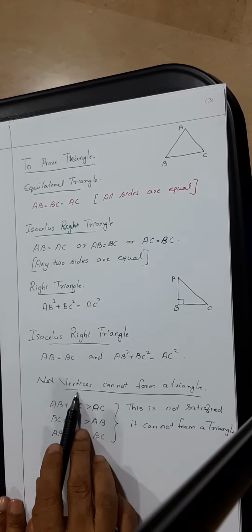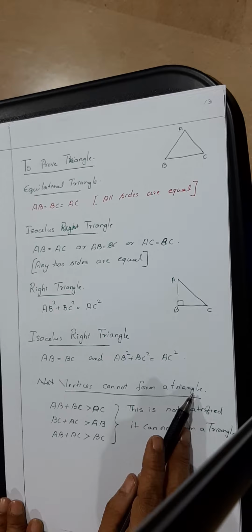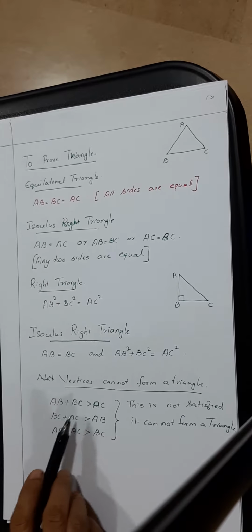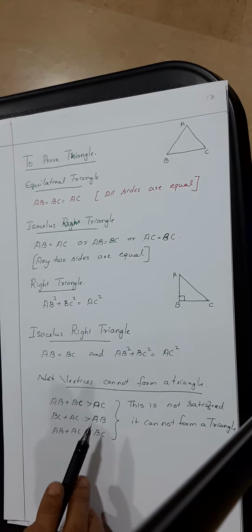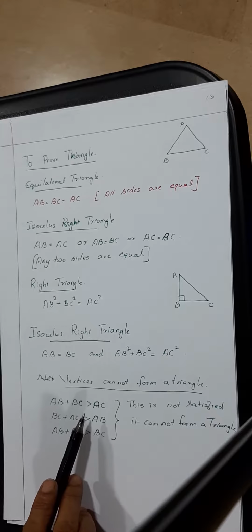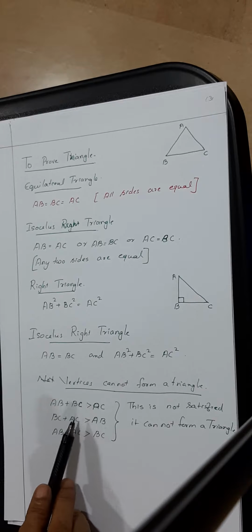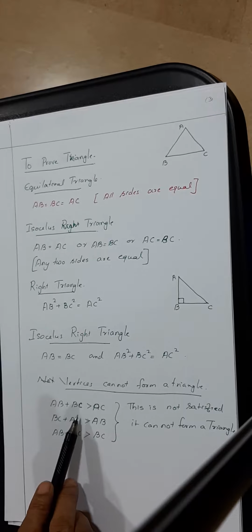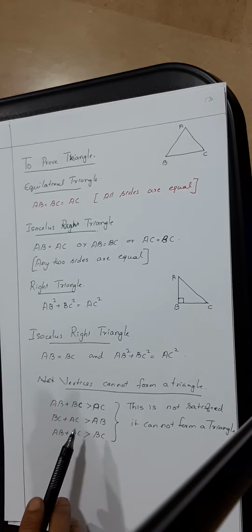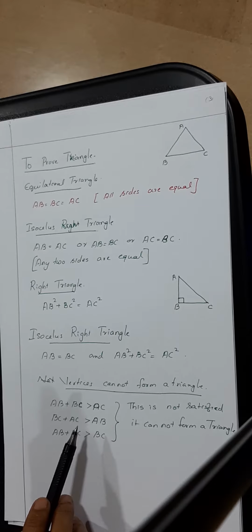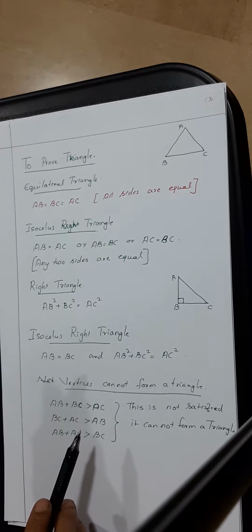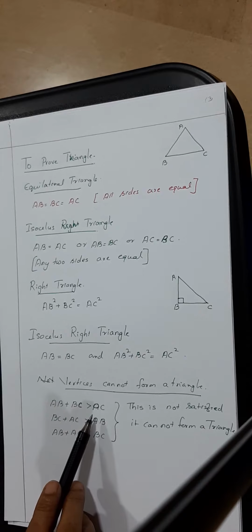Now, to prove whether the vertices form a triangle or not, we have learned in smaller classes, considering the length of the sides, the sum of 2 sides has to be always greater than the third side.